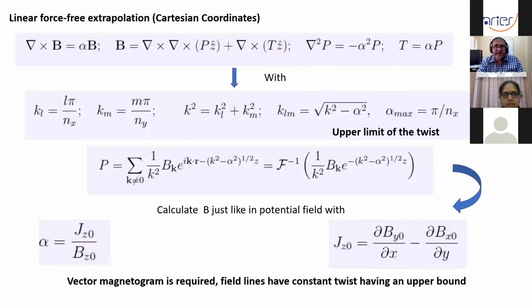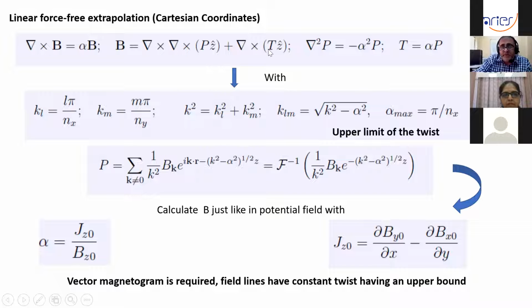So the next one is the linear force-free extrapolation. I'm concentrating on linear force-free because this can be analytically solved. Nonlinear cannot be. So the idea is once again to write B in terms of a poloidal and a toroidal flux function.